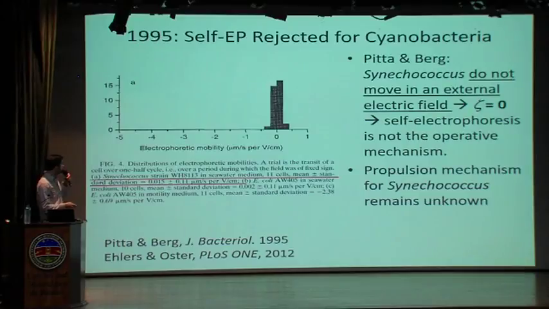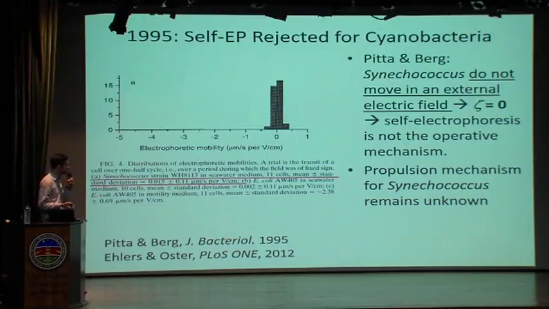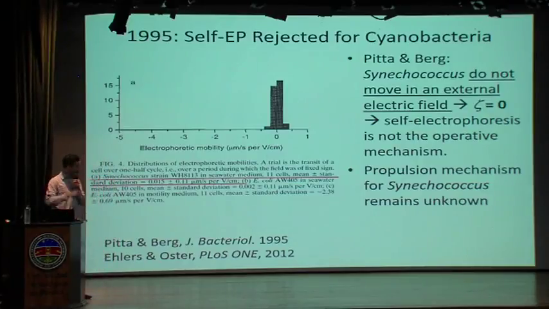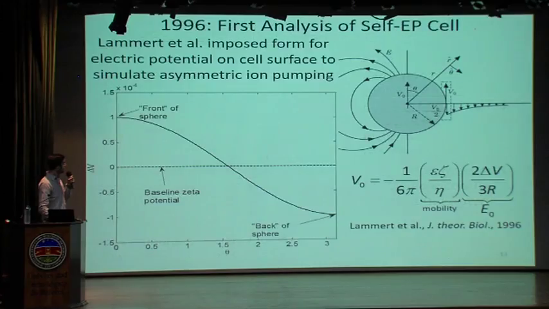What that says is that self-electrophoresis is not the mechanism, because if they don't move in an electric field, then there's no way they can propel themselves by electrophoresis. Even today, we still don't really know. We have some ideas. These guys proposed a new mechanism, but it's still not confirmed. We still don't know exactly how these work.